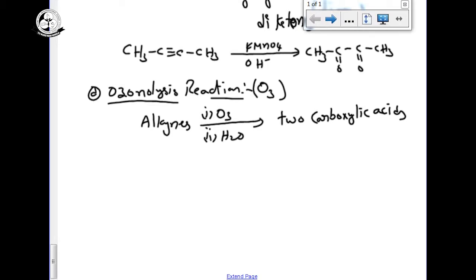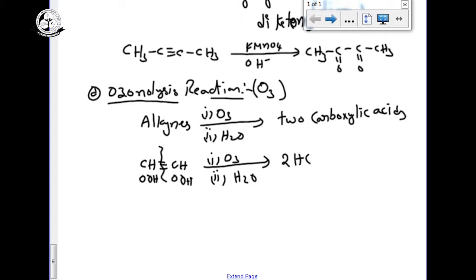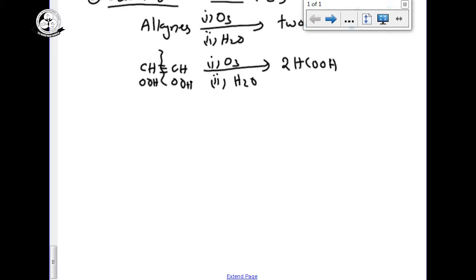Suppose CH triple bond CH: first step ozonolysis, followed by second step hydrolysis. The triple bond is broken, and we add oxygens on each side, giving OOH. We get 2 moles of formic acid, HCOOH. 2 moles of carboxylic acids form.